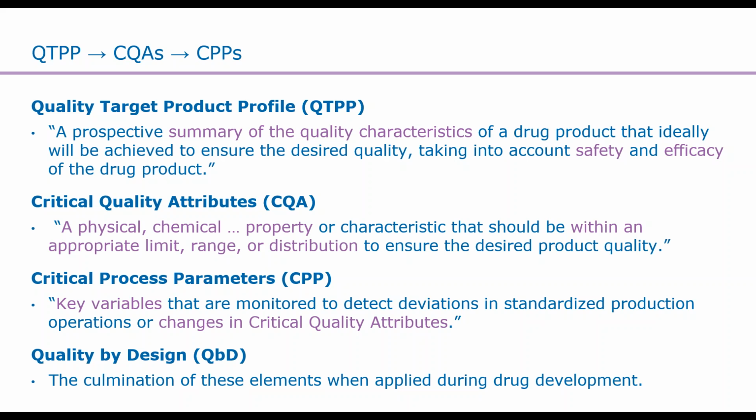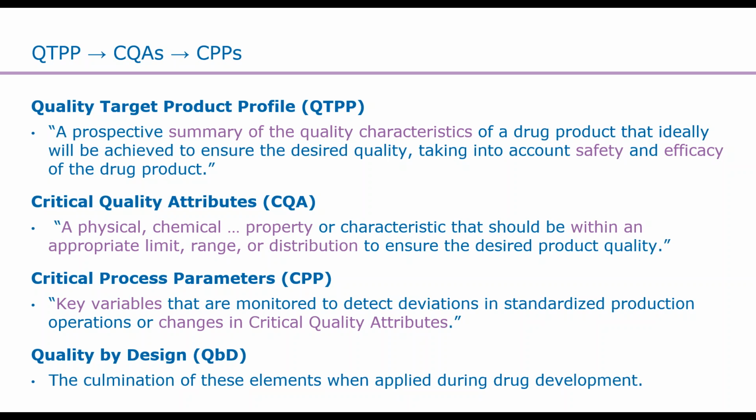So really, I think of the QTPP as a summary document, or even really just a table, which will list out all of the characteristics that you require for a successful drug. It's important to note that you could have a QTPP for your final drug product and also a separate QTPP for your intermediate, in this case, your SDD.